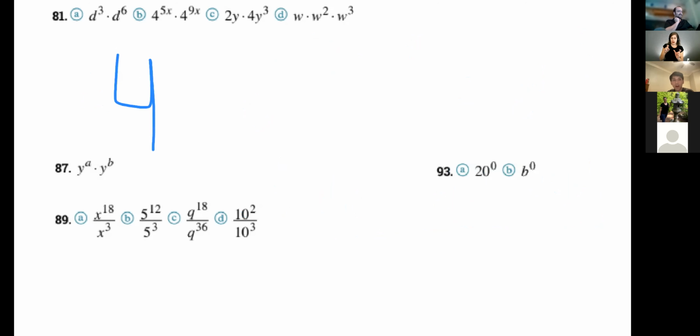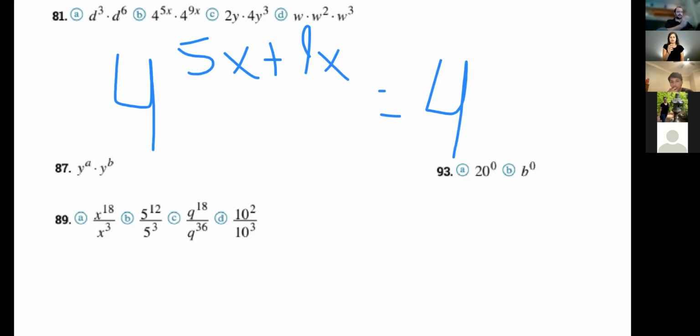So it should be 4, then you would add the top, so it'd be 14x. Yeah, we're adding 5x and 9x to get to the base of 4, and the exponent is 14x. So your base is staying the same.